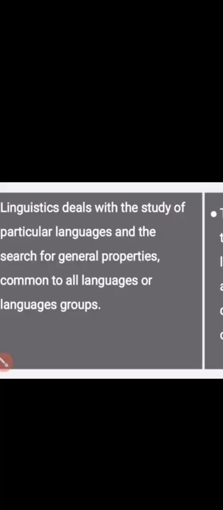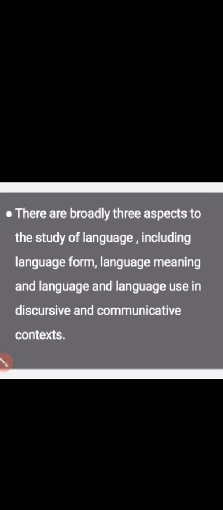There are broadly three aspects to the study of language, including language form, language meaning, and language use. We may say language and language use in a discursive and communicative context. Think about language and relate it to the use of the language in terms of its different fields.